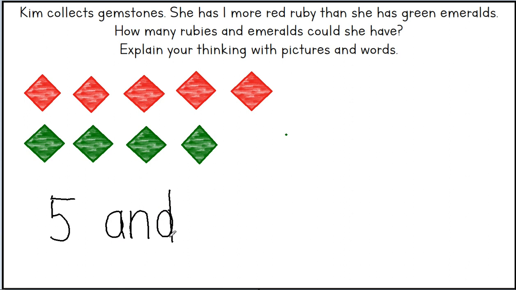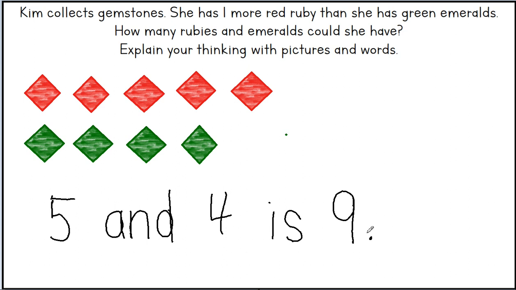All right, 5 and how many emeralds do I have? I have 4. And then I'm going to write is. All right, 5 and 4 is. Now we're going to count to see how many gemstones we have. 1, 2, 3, 4, 5, 6, 7, 8, 9. So 5 and 4 is 9.